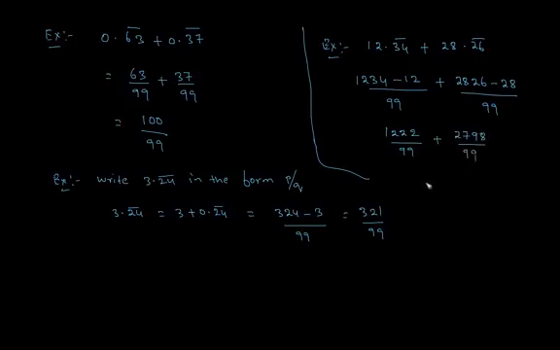Now add the numbers. What number are you getting? 4020 by 99, right? You can further simplify if you wish. So you can write 1340 by 33, right?